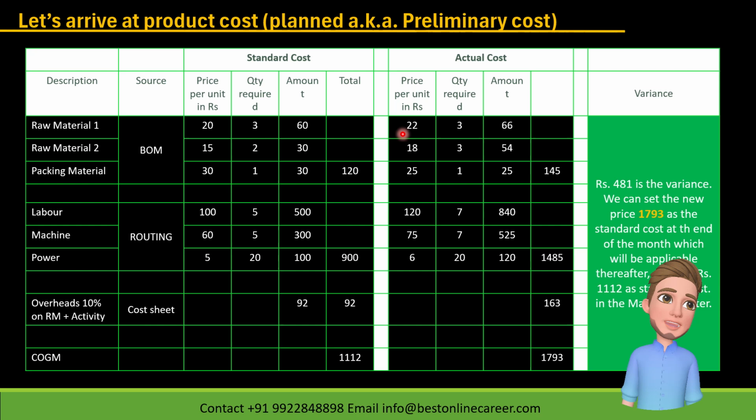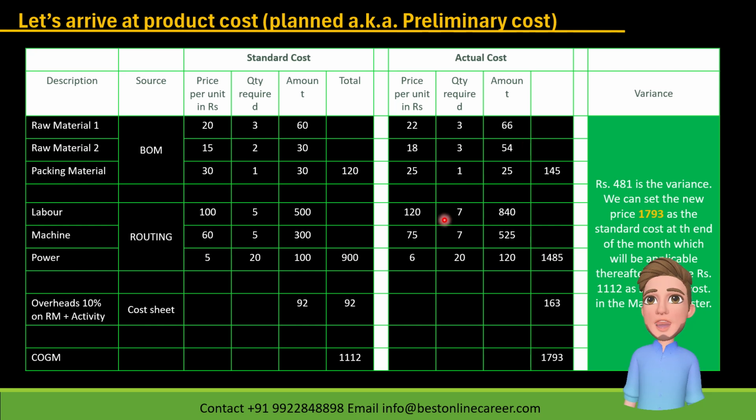There has been a certain price increase. That which was 20 is now 22. That which was 15, raw material 2, is now costing you 18. There is some reduction in the packing material. It used to cost you 30. That was your plan previously. This year there is a reduction. It's 25. So the total material consumption comes to 145.